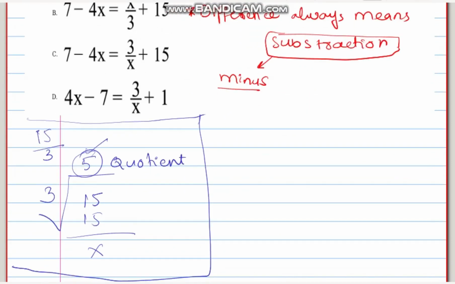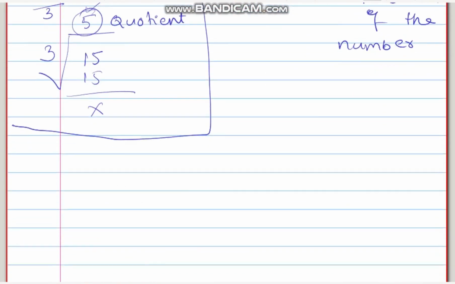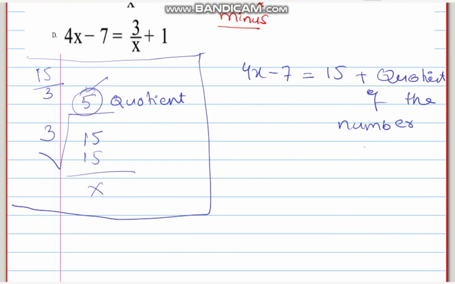I will write the equation: 4x minus 7 is equal to 15 plus the quotient of the number divided by 3. 15 plus the quotient of the number, basically it is divided by 3, not 'and 3', divided by 3. So this is a very important question.